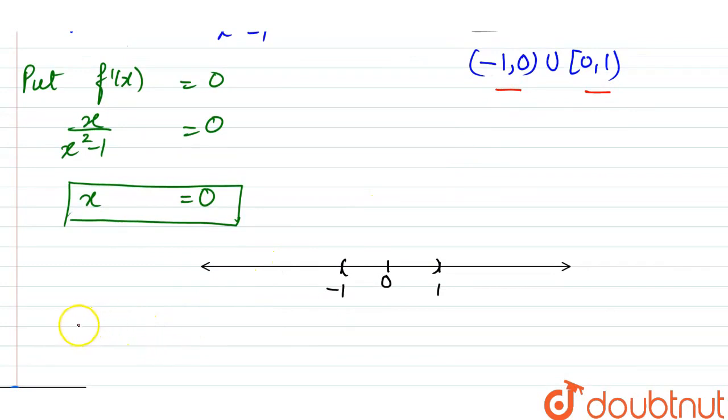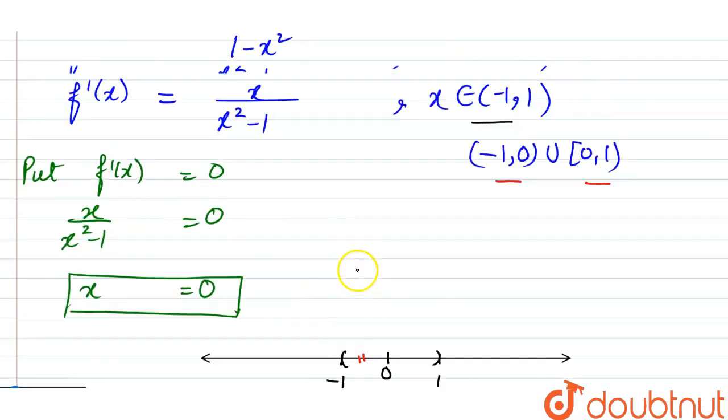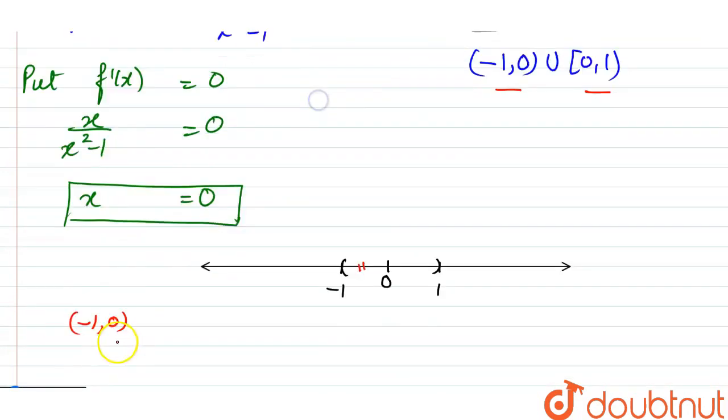So for the interval minus 1 to 0, if we check the value of f dash x, let us put any random value that will be a negative value here. Let's say minus 1 by 2, and we will put minus 1 by 2 in the f dash x value.